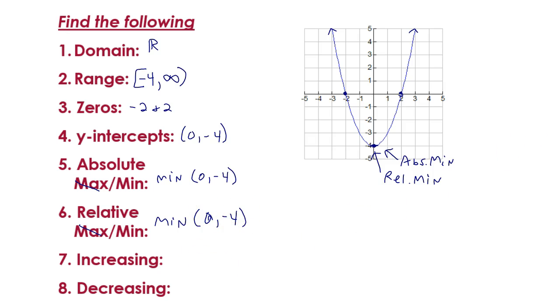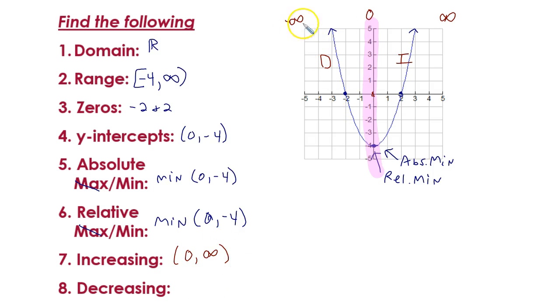Okay. When we are deciding how to break this up, I see that this function is decreasing from negative infinity to 0. That's the x value here. And then it's increasing forever from 0 to positive infinity. So I'm increasing from 0 to infinity.